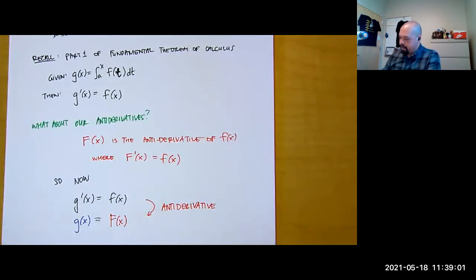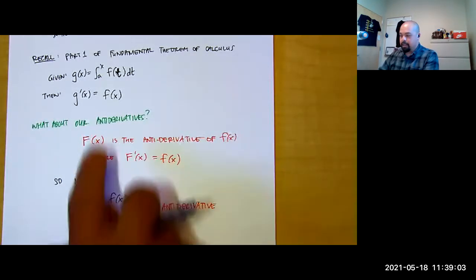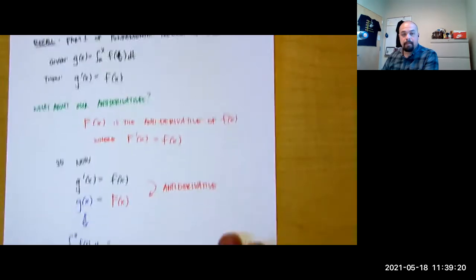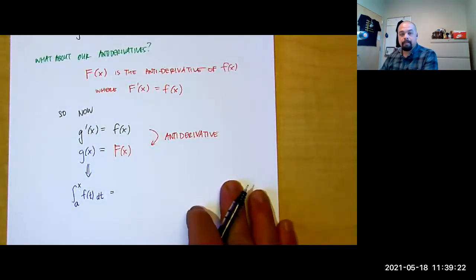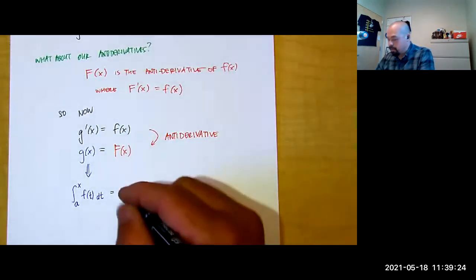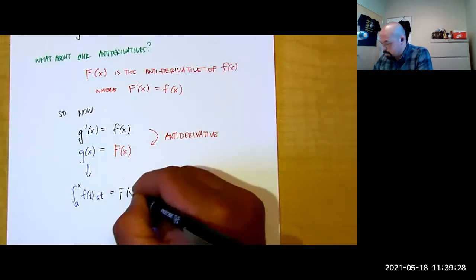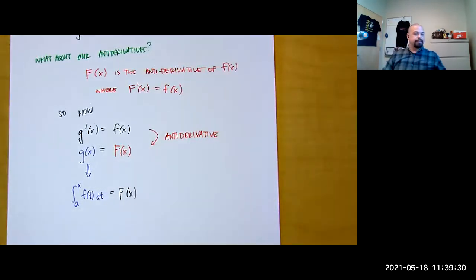But that g of x, the way we define it up here, is that integral from a to x of f of t dt. That's going to give me the capital F of x.